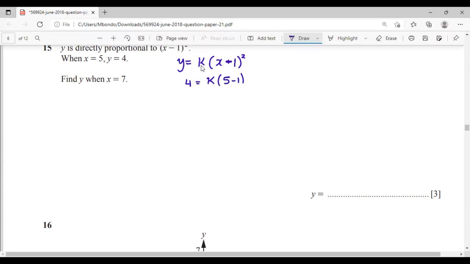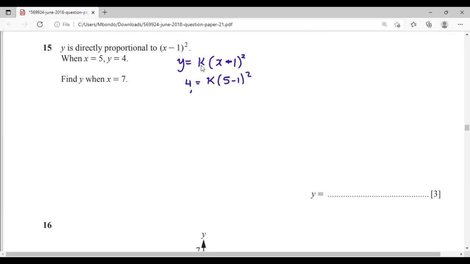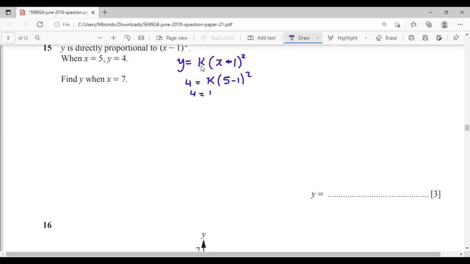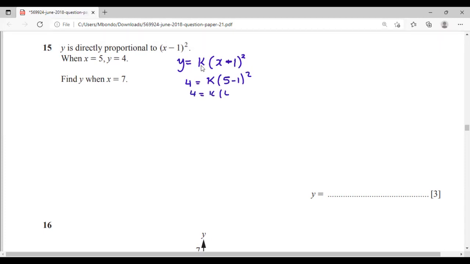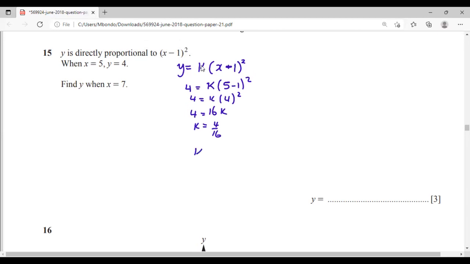So we have 4 is equal to k times (5 minus 1) squared. Then here we have 4 squared. So 4 is equal to 16k. Then k is equal to 4 divided by 16, which goes down as 1/4. That is the value of k.